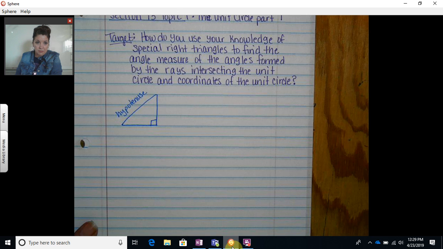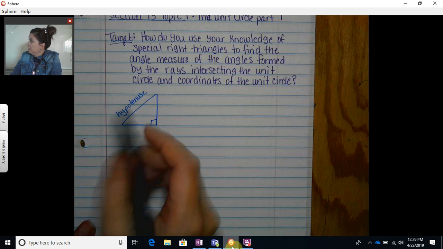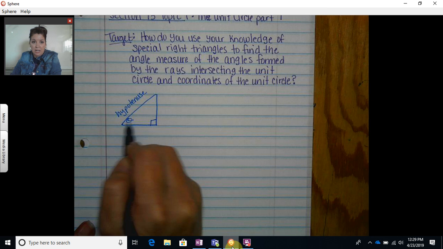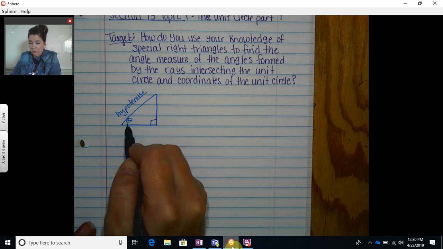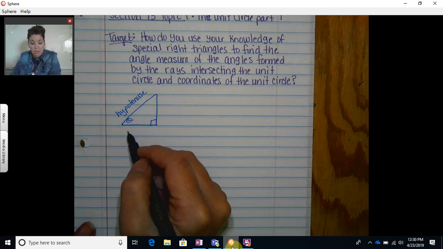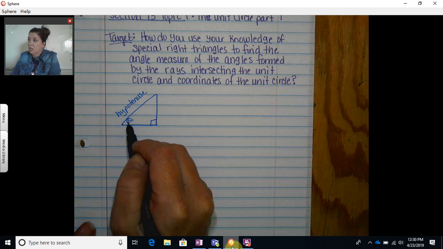If I'm referring, in the triangle that I drew, to this angle right here, I call that theta. Theta is the angle that I'm referring to, and any of these angles could be theta. Generally, you're not talking about your right angle, you're talking about one of the other angles. But if I'm referring to this angle, I need to know which side is opposite and which side is adjacent.